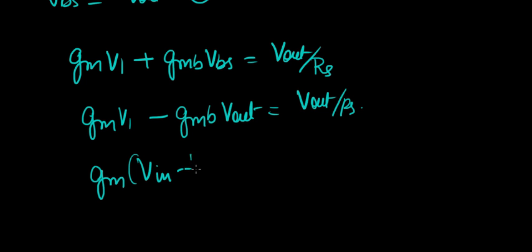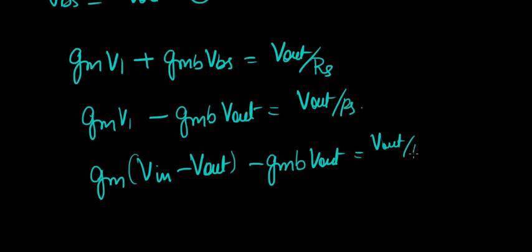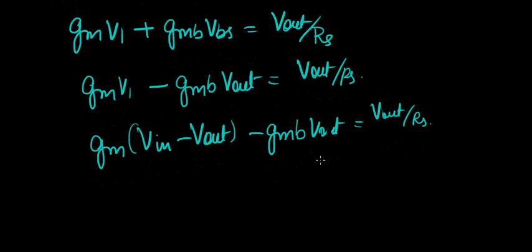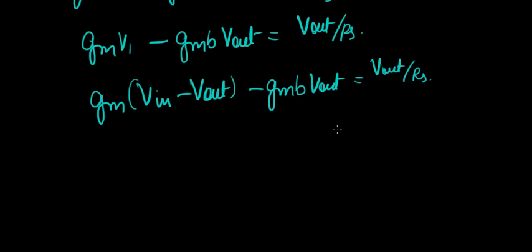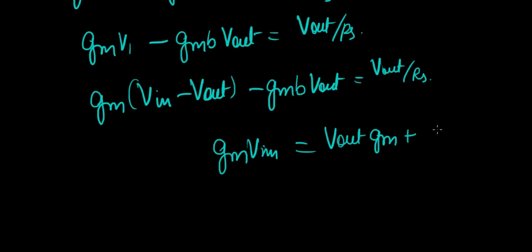GM times V in minus V out, minus GMB V out equals V out over Rs. So if we take all the V out terms to that side, we're left with GM V in equals V out, and I'm factoring V out outside. Let's just write this down first.